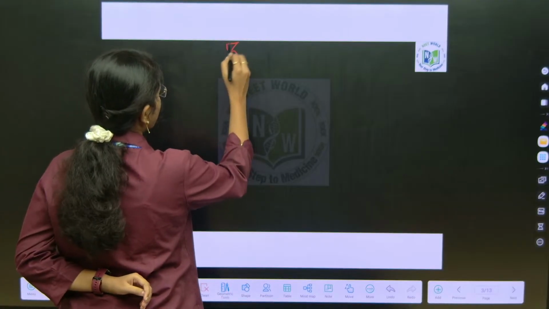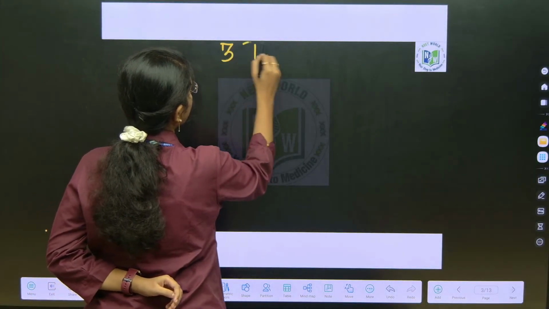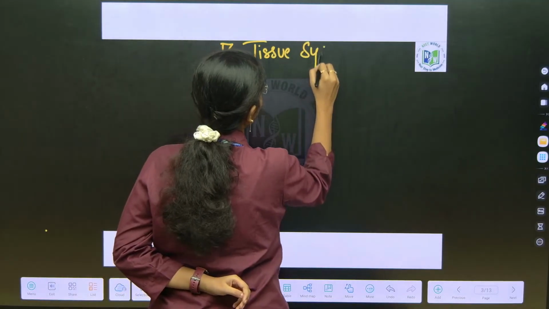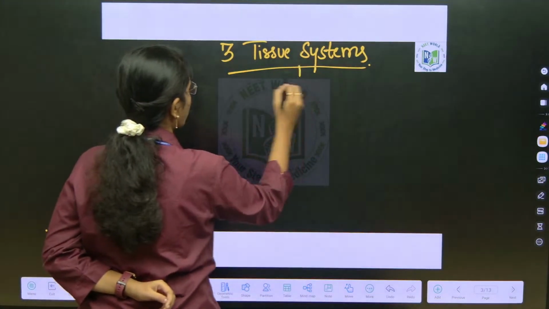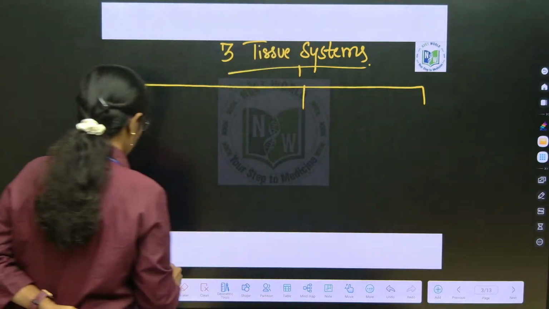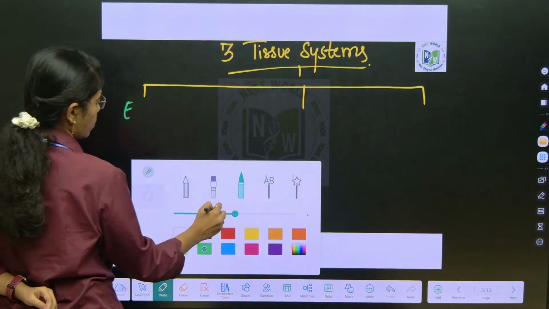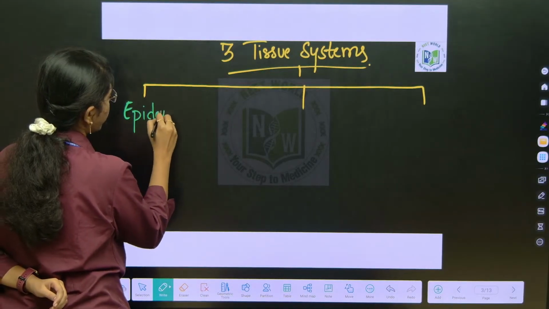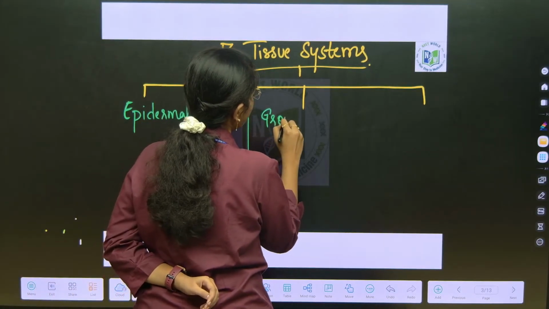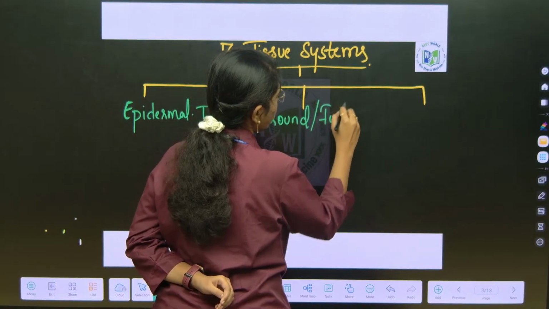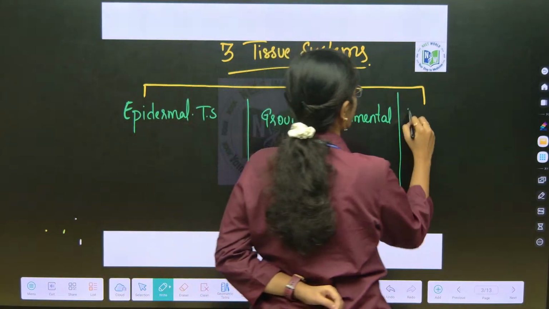Take the notes parallelly. 3 tissue systems, which include the epidermal tissue system, ground or fundamental tissue system, and vascular tissue system.